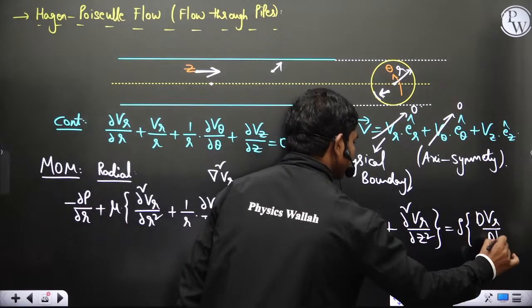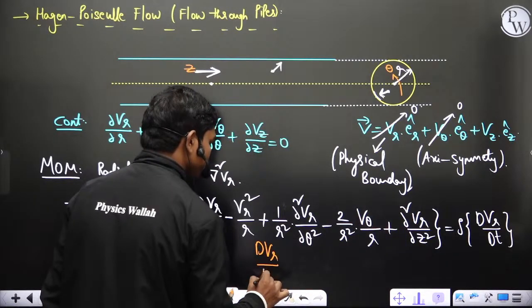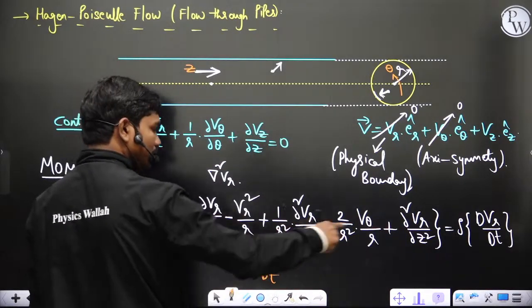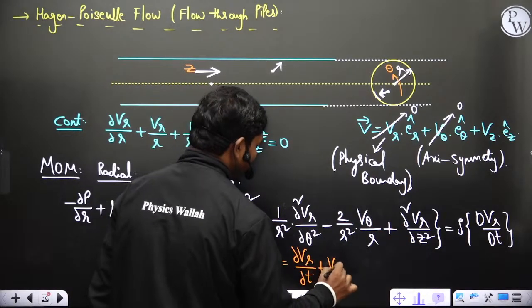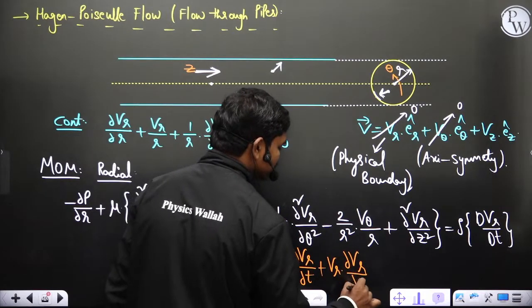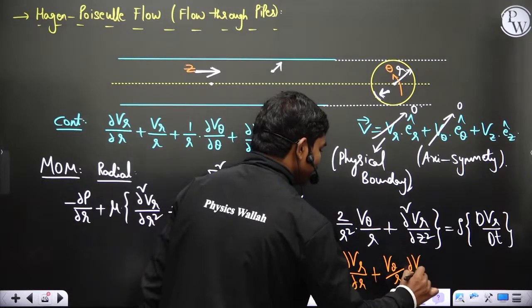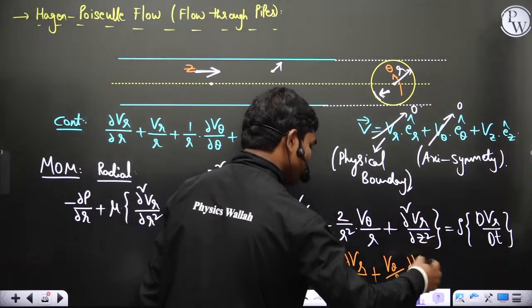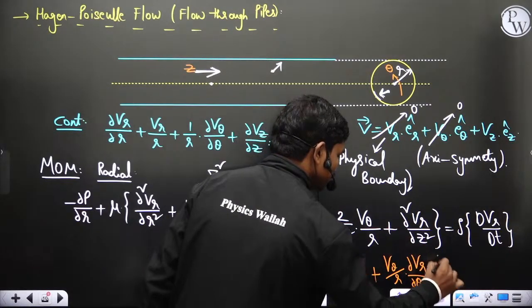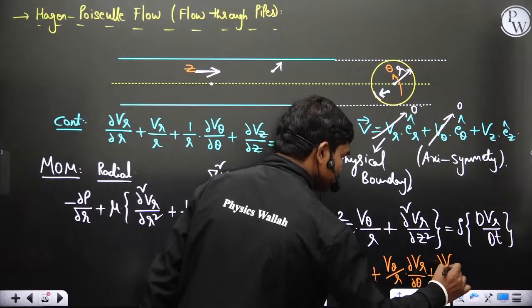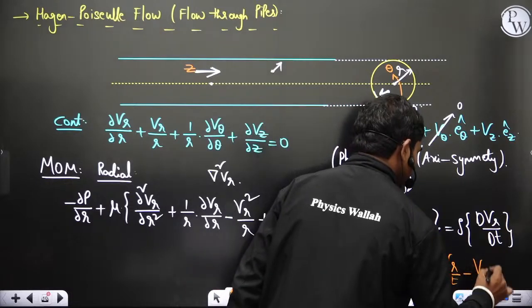Again, you know the expansion of dVr by dt; in total you have 6 terms: 1, 2, 3, 4, 5, 6. This is dou Vr by dou t plus Vr into dou Vr by dou r plus V theta by r dou Vr by dou theta plus Vz dou Vr by dou z, minus V theta square by r.